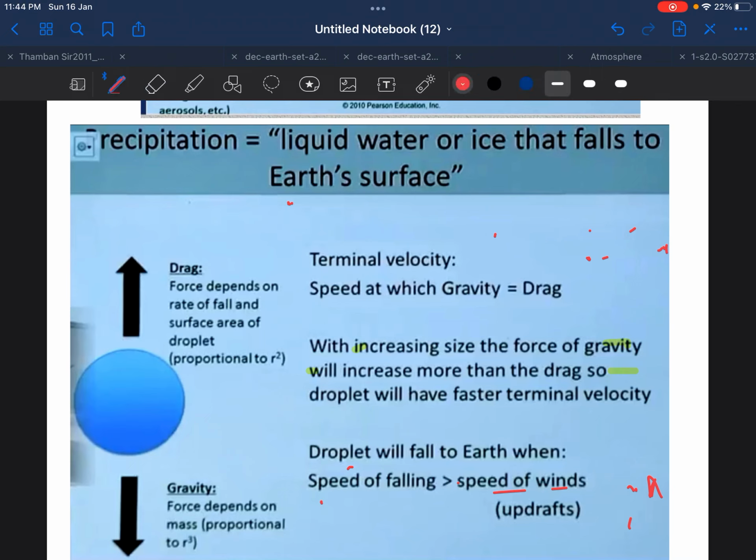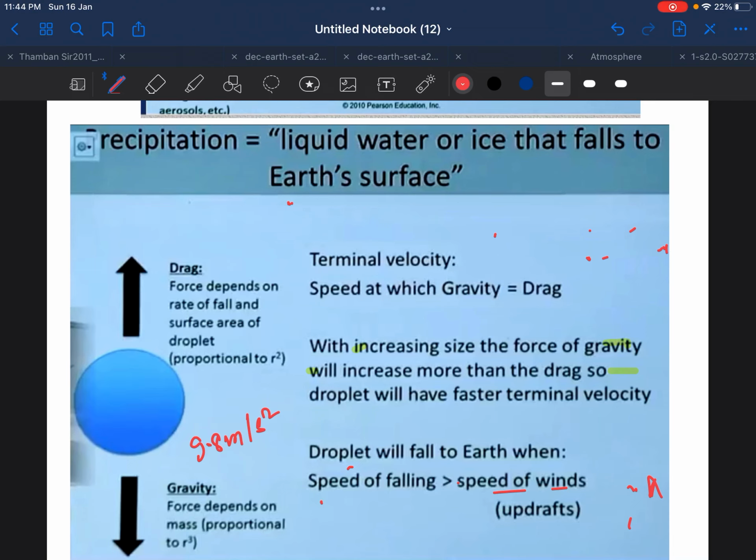It is falling downward with 9.8 meter per second square. That means in each second the velocity is increasing by 9.8 meter per second. That is the acceleration.